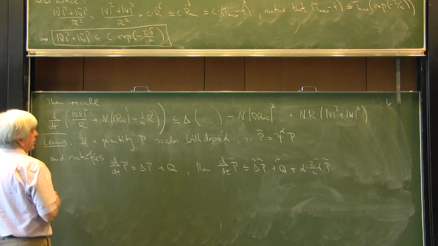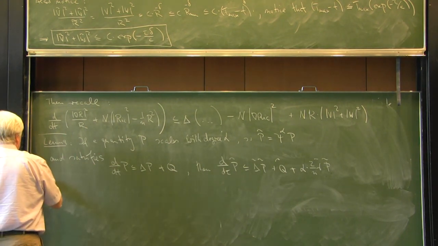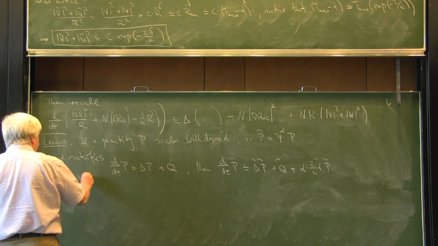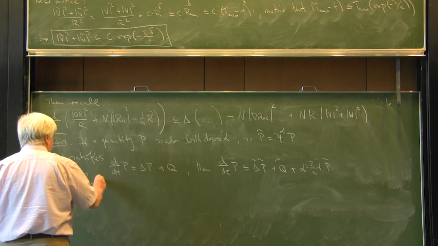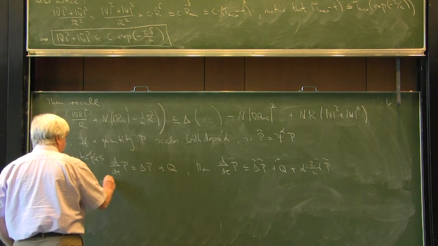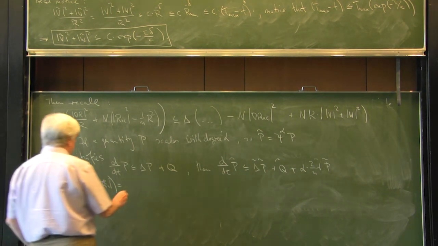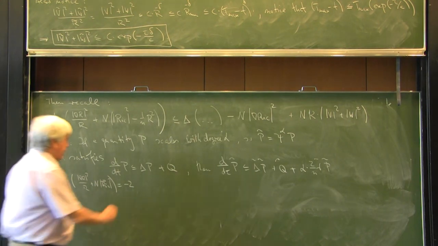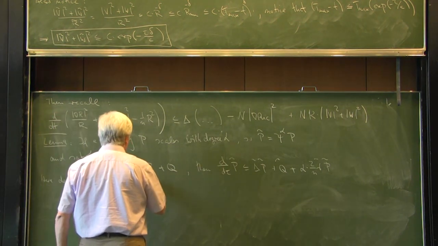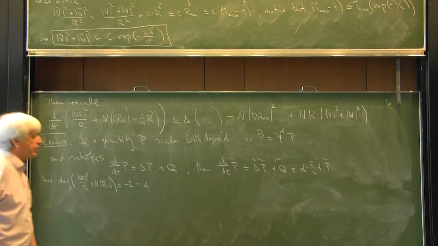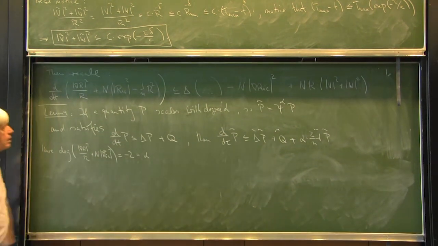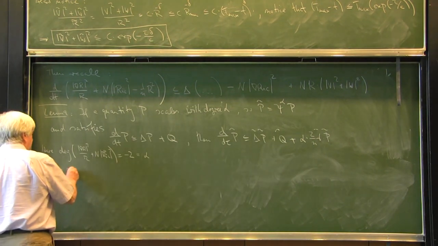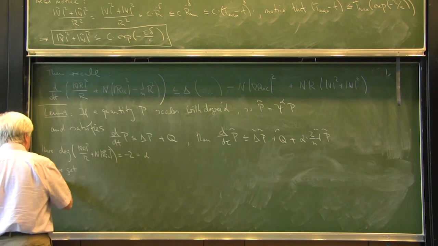Okay, so now the degree of gradient r squared and so on is of course minus 2, because it's like curvature squared. So the alpha is minus 2, and we get a negative term on the right-hand side.